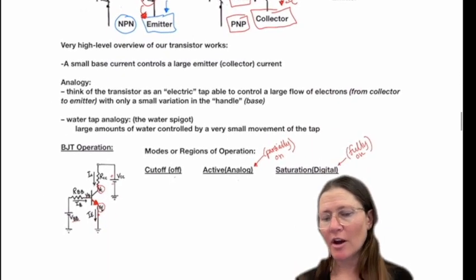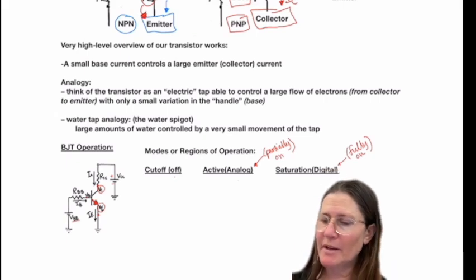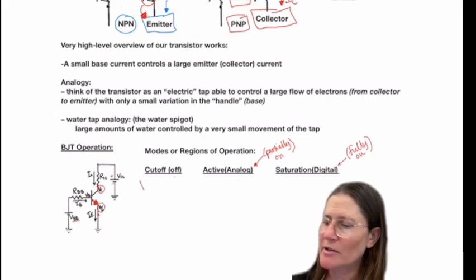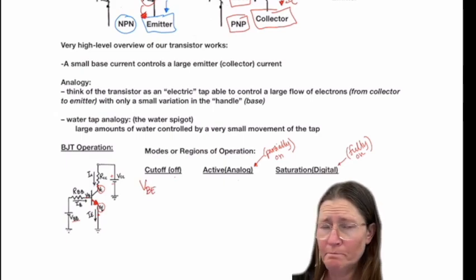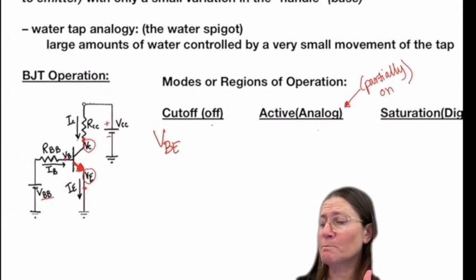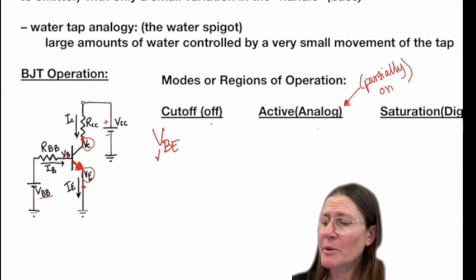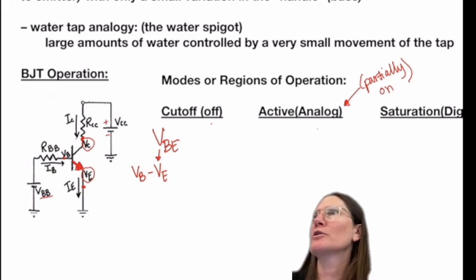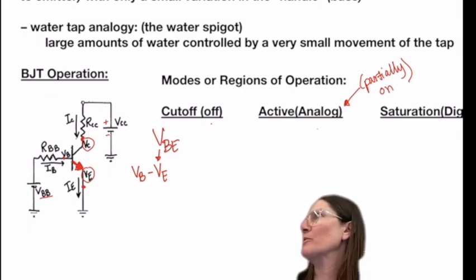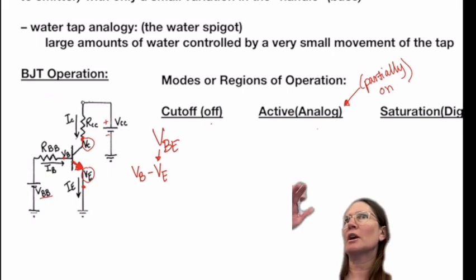All right, so cutoff is when your base... So you're going to start seeing two subscripts. VBE is going to be a common one. This means it's the voltage at the base minus the voltage at the emitter. So whenever you see two subscripts, that is always just the first one minus the second one.